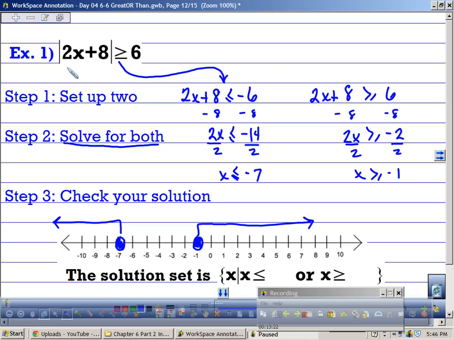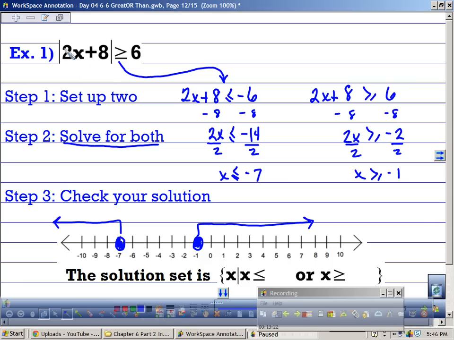Let's go back and look at our original absolute value inequality. 2x plus 8 is greater than or equal to 6. Okay, well that's saying that if I have 2x's, then the distance between 2x's and negative 8 is greater than or equal to 6. Well, we learned a couple days ago that if we split everything in half, then we'll be talking about 1x.